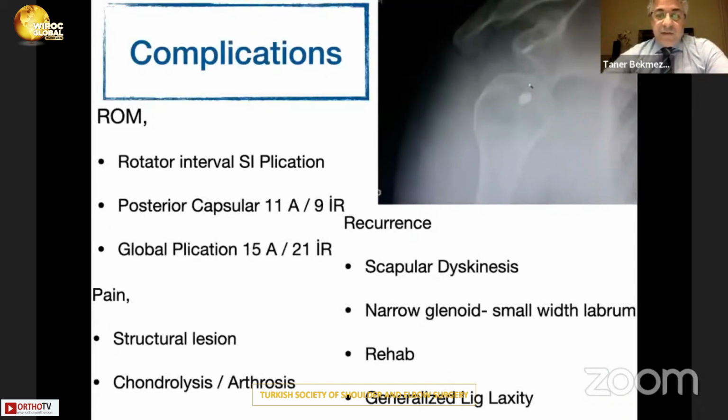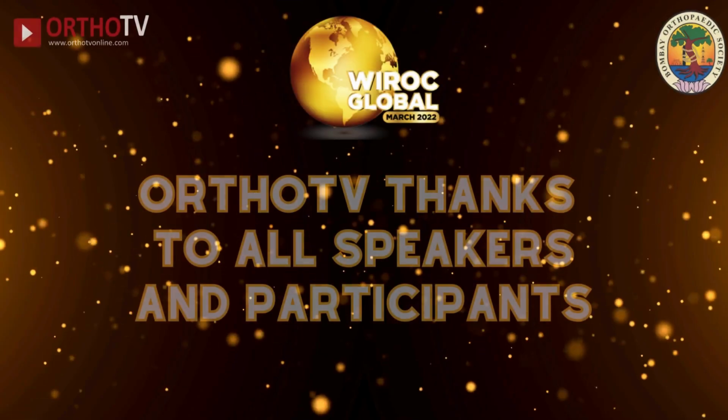Complications generally seen in recurrence are range of motion restriction and pain. This is what is waiting for us in surgical interventions for multidirectional instability and posterior labral instability. Thank you.